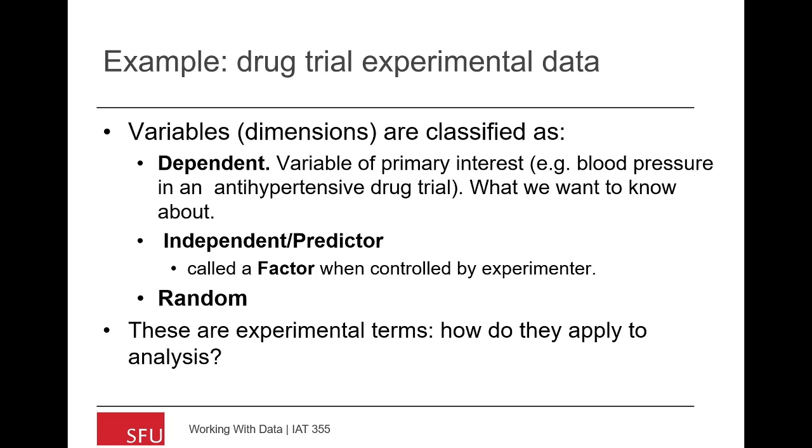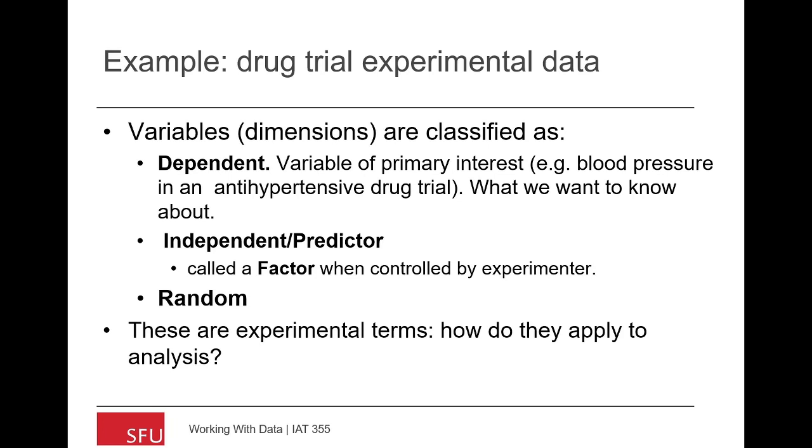The third variable type is random variables, things that are not controlled by the experimenter, but are simply, in the experimental sense, what is true about the individuals coming in the door.